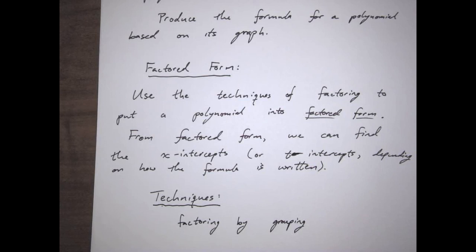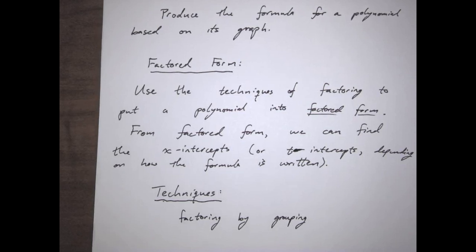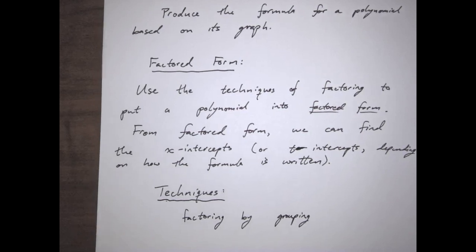We'll see some examples of this in a second. I just want to put the names of these down into the record so that if you have to look them up at some point on the internet, you can do so. So we've got factoring by grouping. This is going to be one of our common techniques that we're going to use.